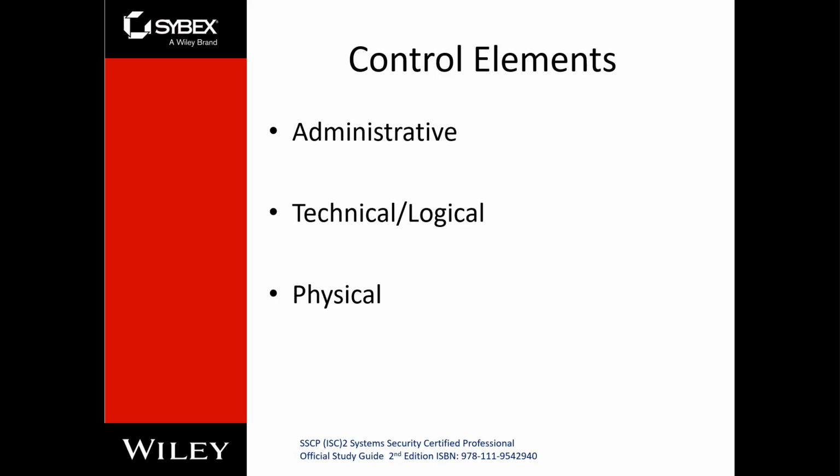Physical controls are, again, just controls that are physical in nature. Everything ties back to administrative controls. The administrative controls outline everything. They outline the scope. The technical and physical controls basically are implemented based off of the scope of the administrative controls.